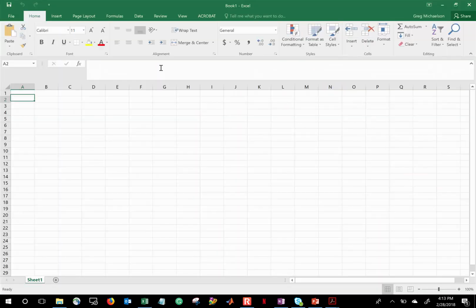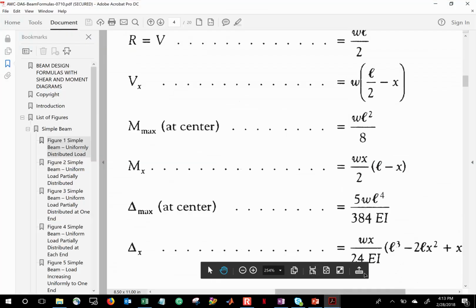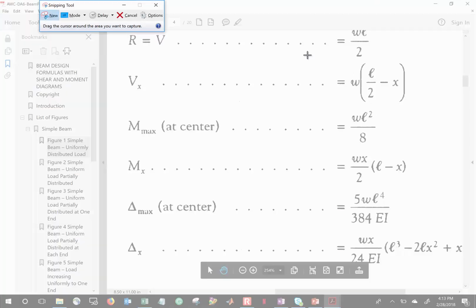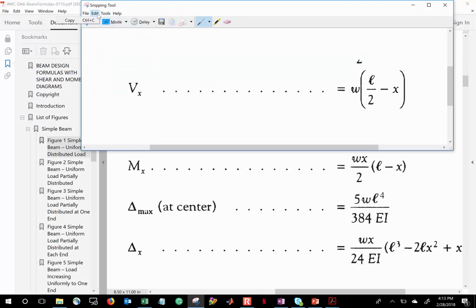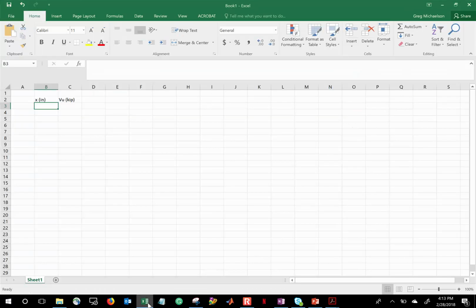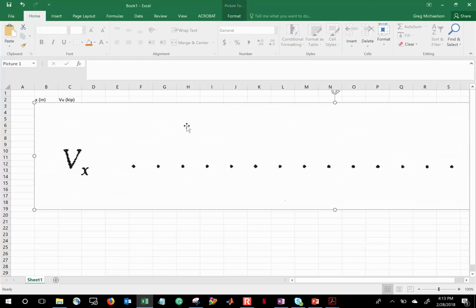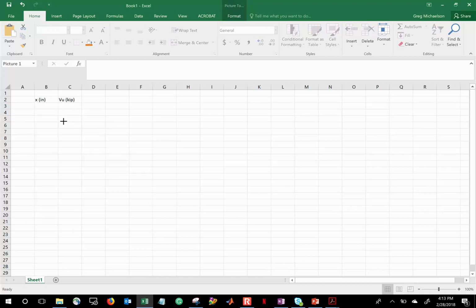All right. So okay, X is in inches, VU in kips. Now, just so I don't have to keep going back and forth, let's snip that. Oh, goodness, that is big.